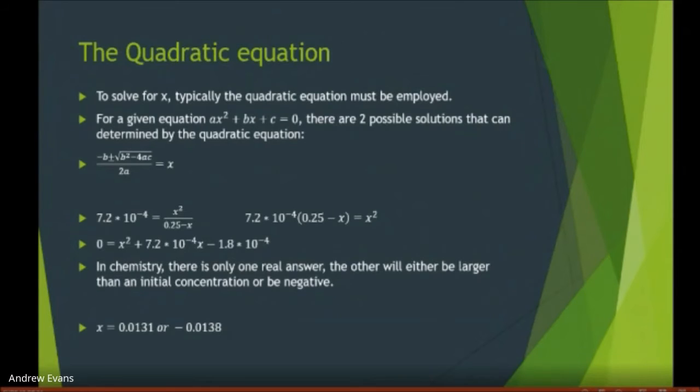Now, always one of these values will be real, one of these values will be false, because we're dealing with real numbers.